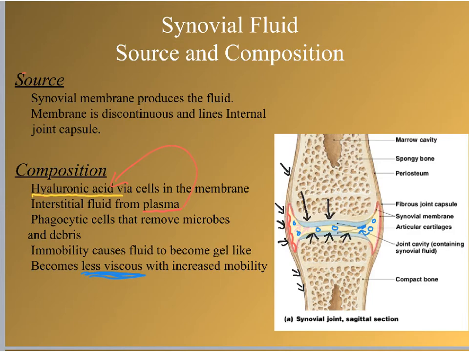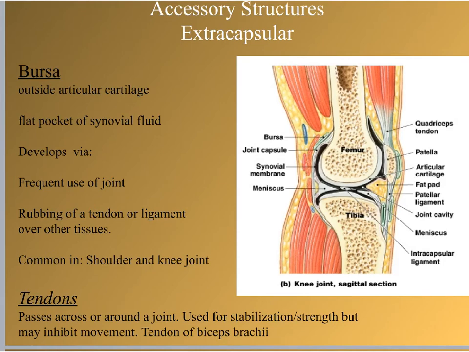And the same is true here with the synovial fluid. The more mobile you are, the more fluid-like this synovial fluid becomes. And the less mobile you are or the less you use it, it becomes more gel-like, okay? So we'll move on now to what we call accessory structures of the joint.